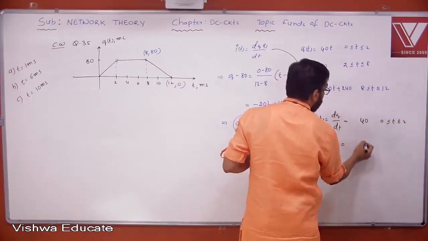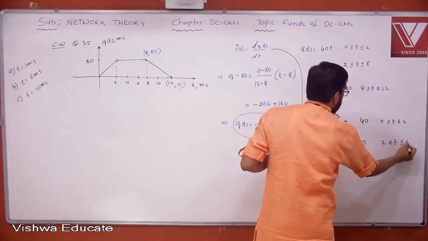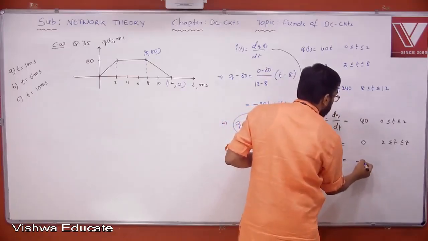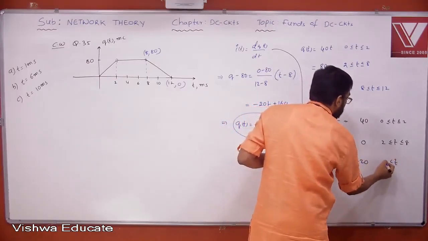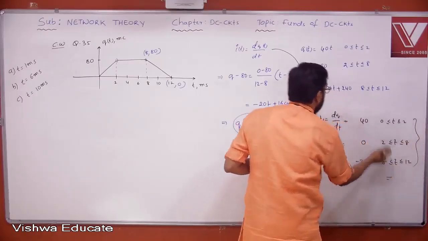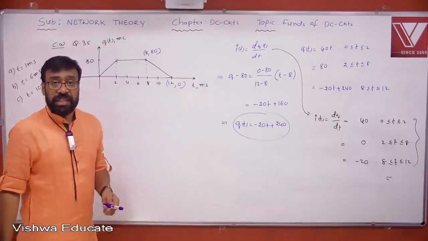Then 0 for 2 to 8, since it is constant. Then minus 20 for t between 8 to 12. This is a standard procedure. Generally, when you have a waveform, you define it mathematically, then you differentiate it. Yes or no, all of you?